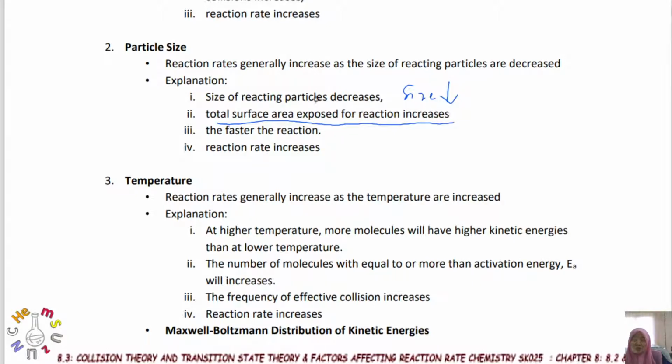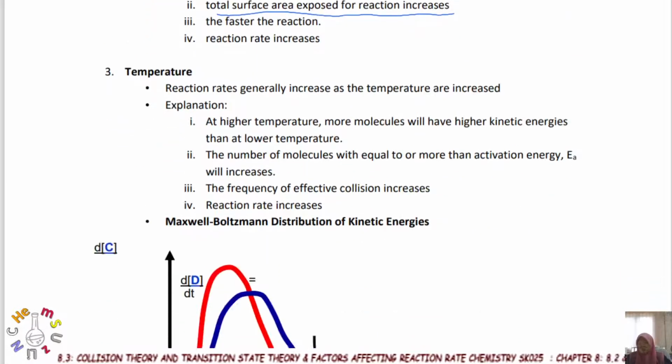Bila total surface area exposed to the reaction increase, so the faster the reaction, the higher the rate of the reaction. Okay, jadi bila surface area exposed to the reaction tu besar, apa jadi? Dia punya surface tu besar, yang expose pada reaction tu lagi banyak, jadi lagi cepat tindak balas dia, jadi rate dia bertambah.